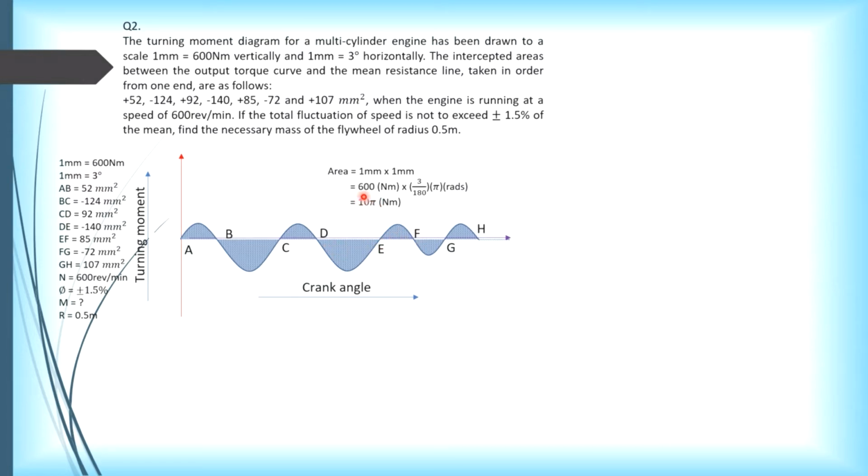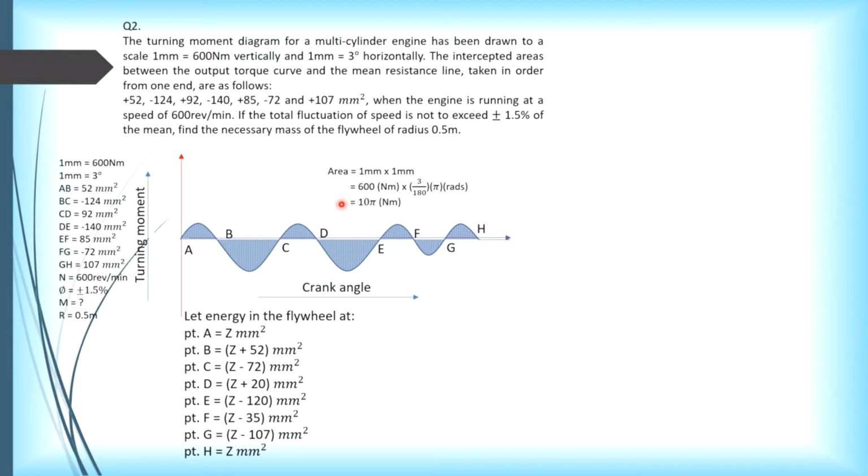Now let the energy at point A be Z mm square, then plus 52, then plus 52 minus 124, so you have negative 72. Negative 72 plus 92, you will have positive 20, minus 140, so you have negative 120, plus 85, you have negative 35.